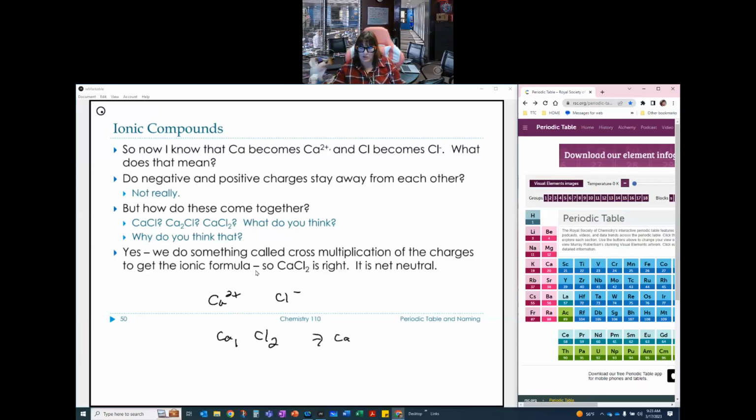And of course, then I just write this as CaCl2. So I've taken the charge that's on the negative and put it explicitly with the Ca, the positive species, and the charge that's on the cation and put it explicitly as a subscript for my anion. Okay, so that's how that works. Questions about that?